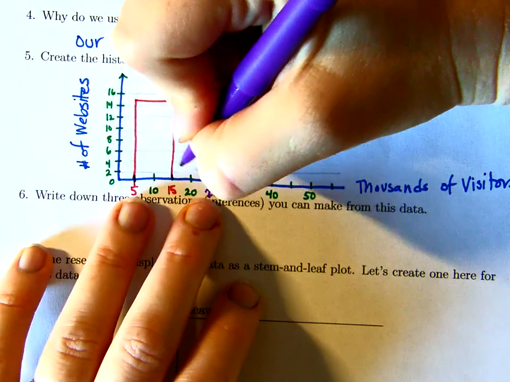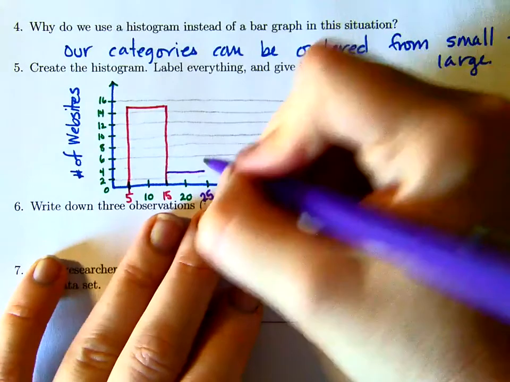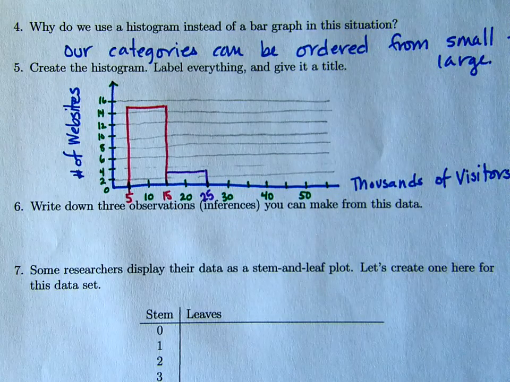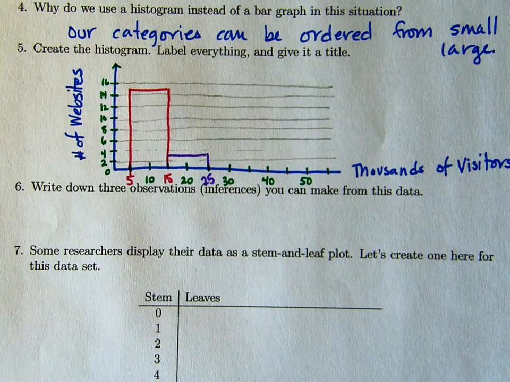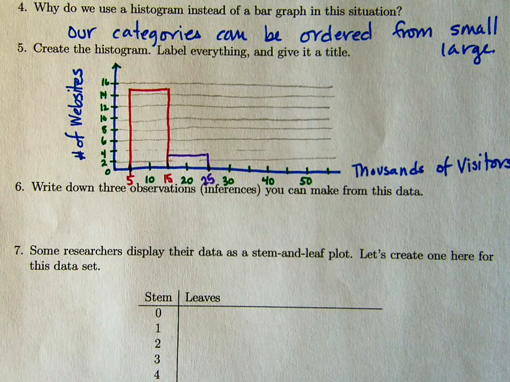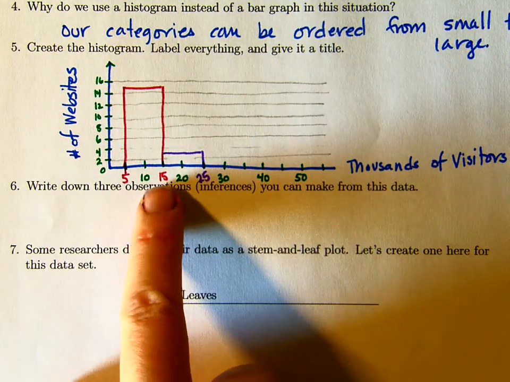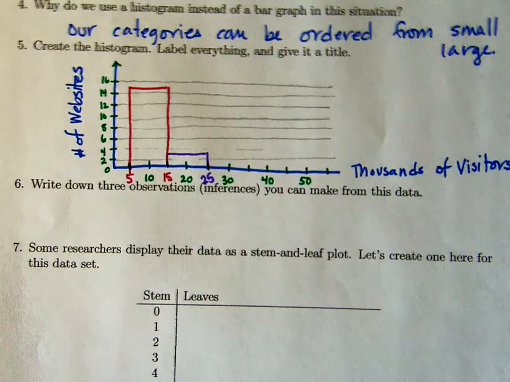So from 15 to 25, there were 3 websites with that number. So 3 websites with 15 to 25,000 visitors.